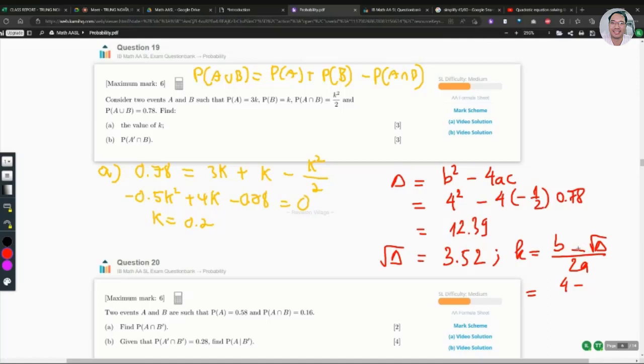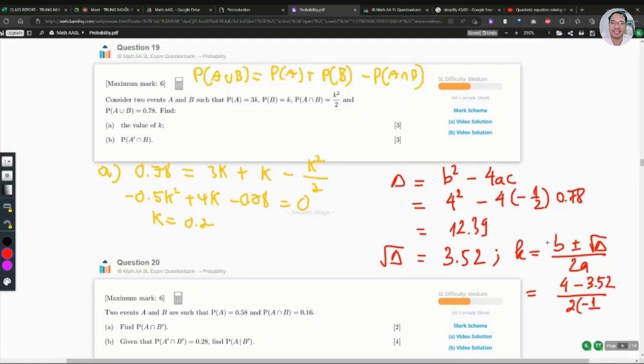There are two solutions, but one is greater than 1, and we will eliminate that one. The square root of the discriminant is 0.52, then divide by 2 times minus. Wait, this is a minus number. It cannot be a minus number.